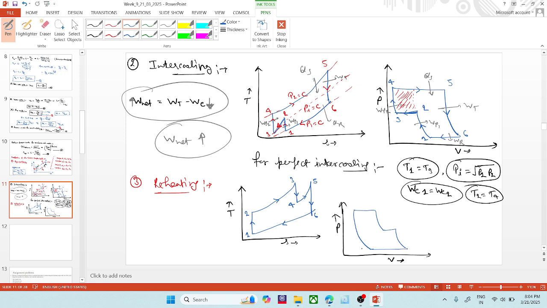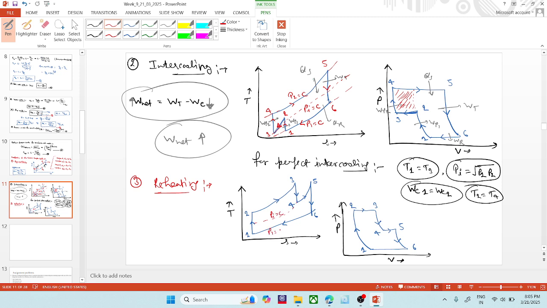This is 1, 2, 3, 4, 5, then 6. Suppose this is the intermediate pressure Pi equal to constant.